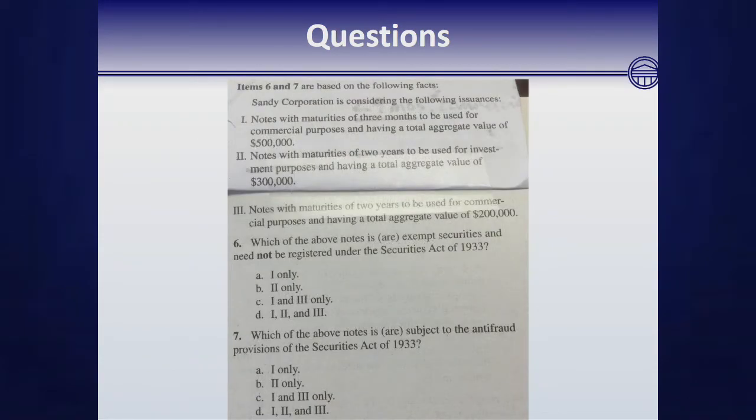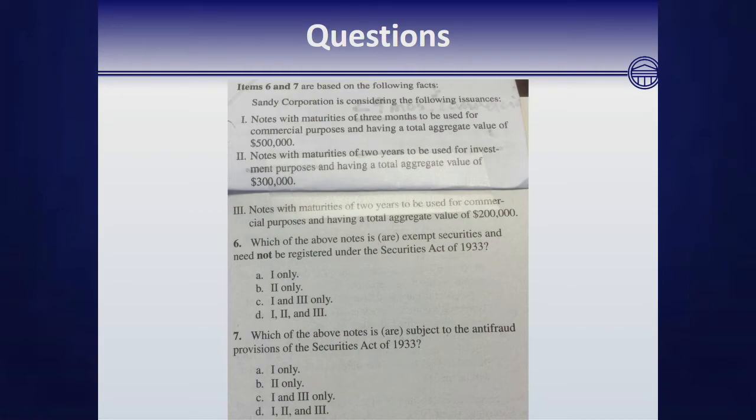So questions 6 and 7 are based on the following facts. Sandy Corporation is considering the following issuances. 1, notes with maturities of 3 months to be used for commercial purposes and having a total aggregate value of $500,000. 2, notes with maturities of 2 years to be used for investment purposes and having a total aggregate value of $300,000.